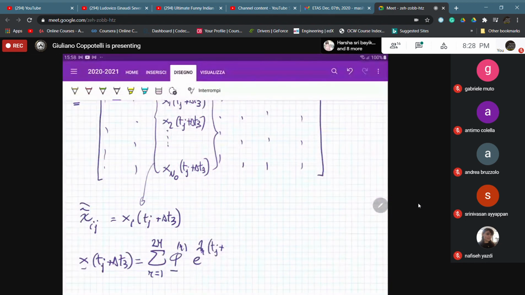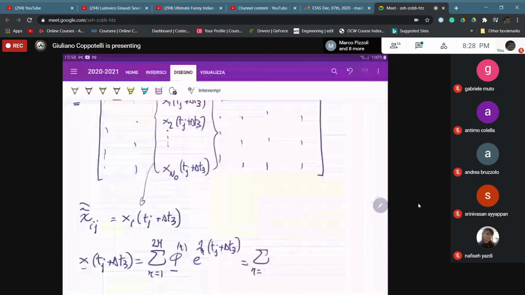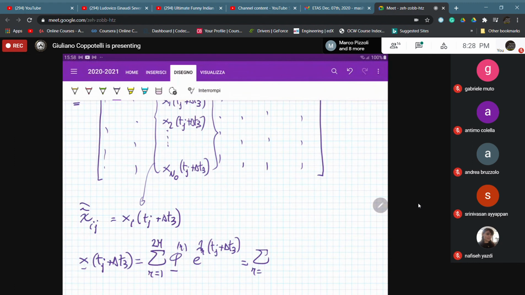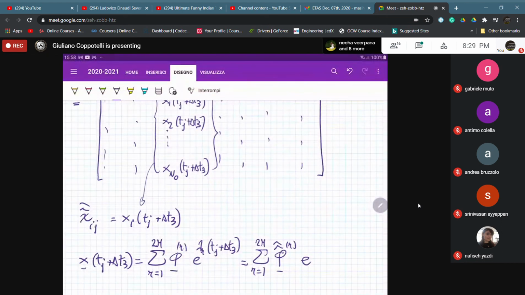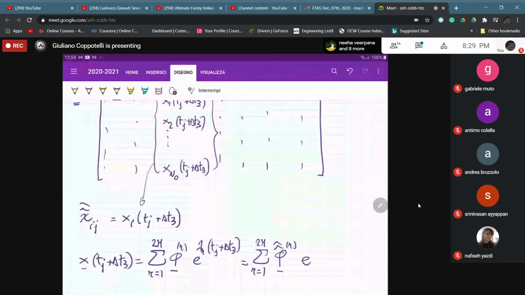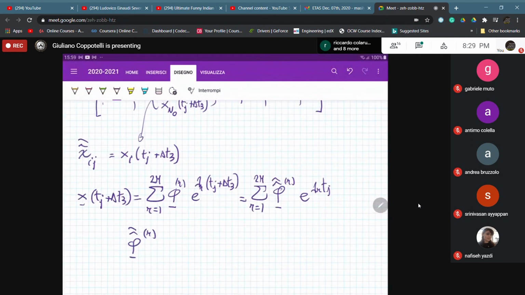That could be rewritten as the summation over r that goes from 1 to 2m, of your r mode that is now double hat, that includes the delta t3, e to lambda r tj, okay, in which your double hat r mode is equal to your r mode times e to lambda r delta t3, okay.